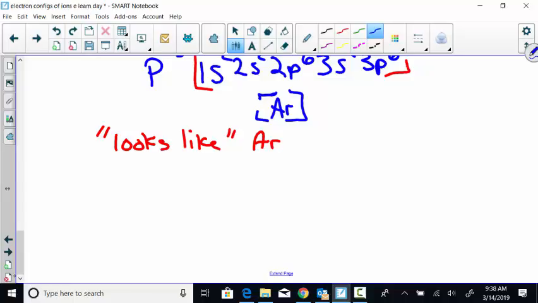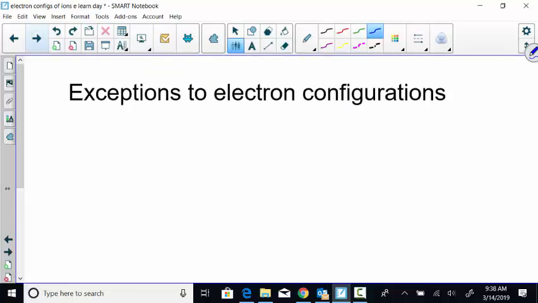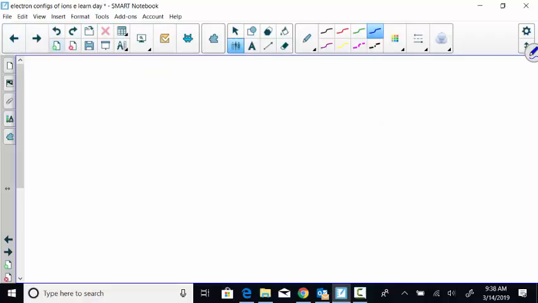Now, this gets a little bit tricky when you get into some other elements. I don't want to do that yet. I got to back up. And you just have to play around a little bit. So if I look at iron, iron can be a +2.